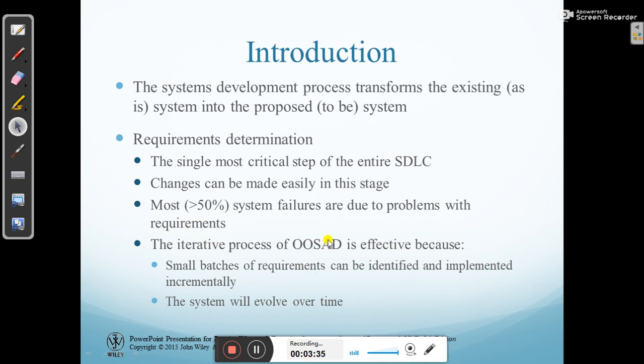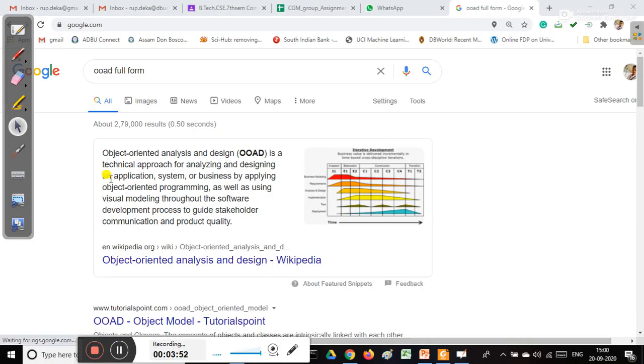The iterative process of OOSAD is effective because small batches of requirements can be identified and implemented incrementally, and the system will evolve over time. But what is OOSAD? OOSAD means object-oriented system analysis and design.